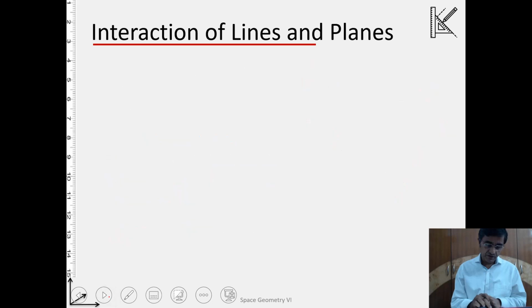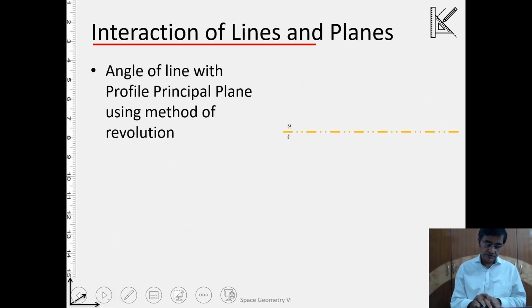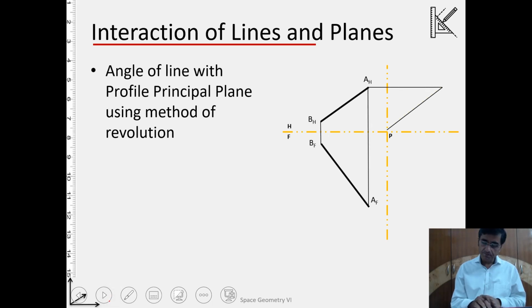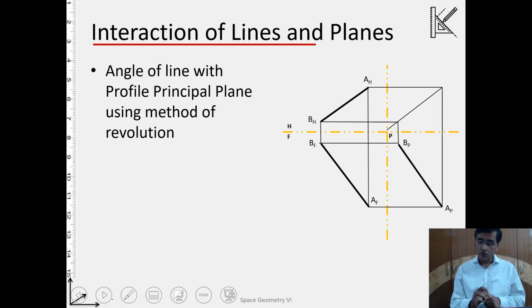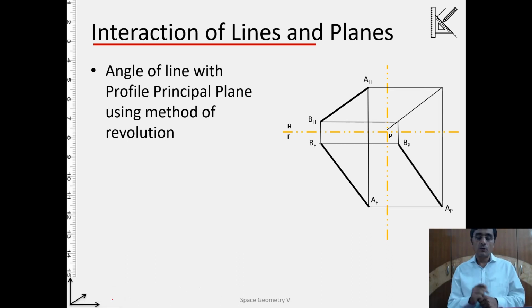Let's take it further. We would like to do the same thing for the profile case. So these are the projections of the line, and now we have the projection on the profile view. We want to determine the angle of the line with respect to the profile plane, or the profile principal plane. So we would like to do again the same thing.